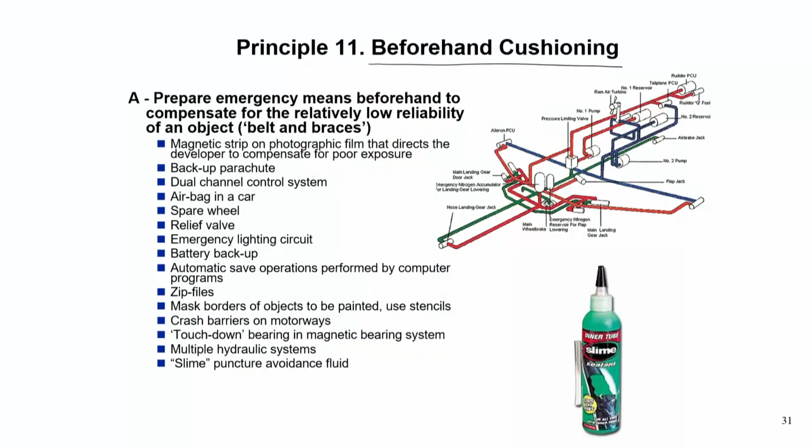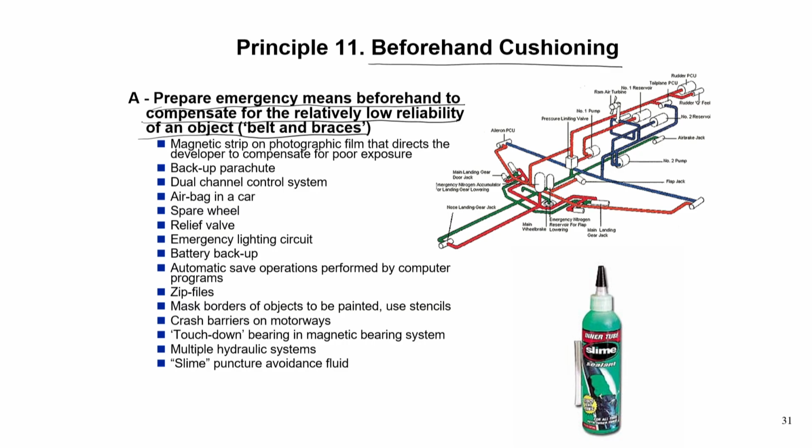So, the beforehand cushioning is even faster there, that a simple ejection switch, if you press, is going to take you out of the system. That is how beforehand cushioning is a very important principle that has to be utilized for any complex system design. So, we call it prepare emergency means beforehand to compensate for the relatively low reliability of an object.